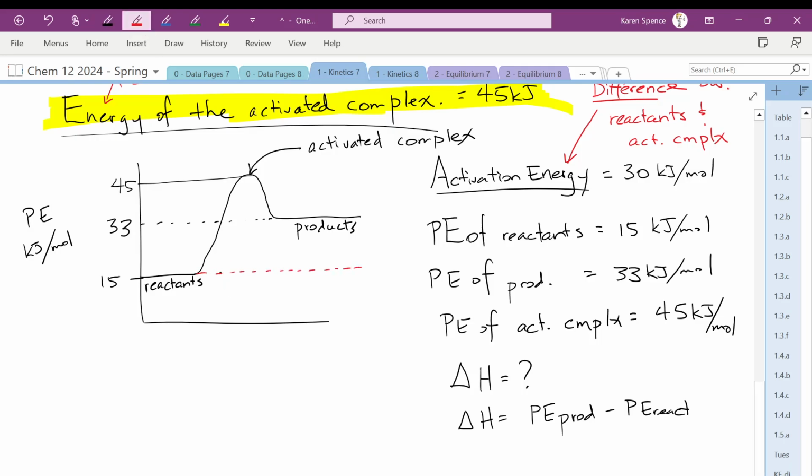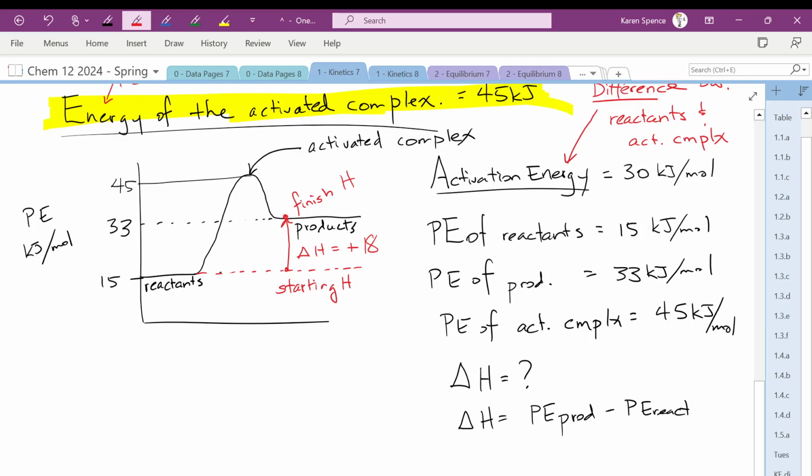You can do it visually by saying, I start here. This is my starting enthalpy, and I finish here. This is my finishing enthalpy, and I started at 15, I finished at 33. Therefore, delta H had to be positive, and it had to be 18.